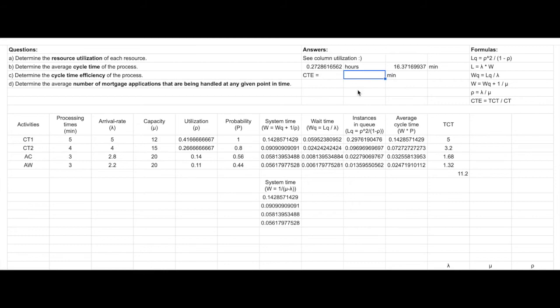So to find the CTE, we have the TCT divided by the CT, and we really need to pay attention that we need to use the same time unit. So we are using 11.2 minutes, we need to use the 16.372 approximately minutes, and we're going to get to 0.68, which is equal to 68.41%.